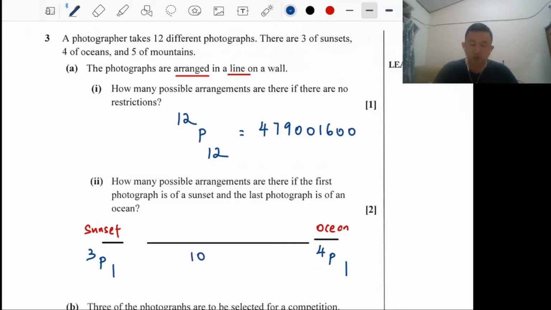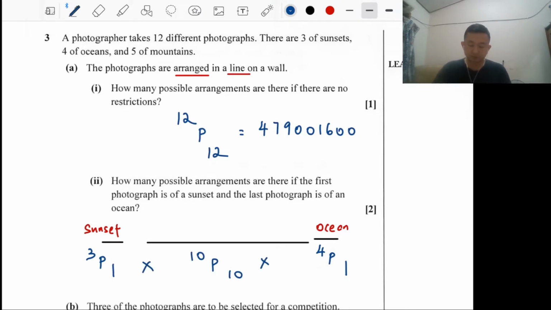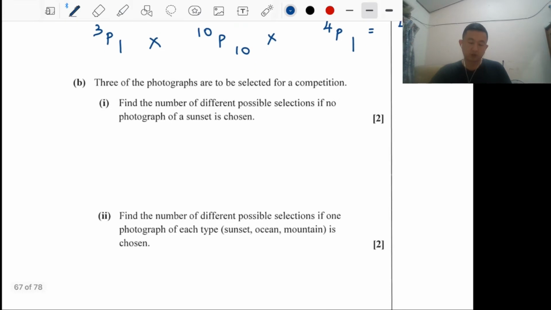Out of these 10, with no restrictions, you're going to pick all 10. So that's 10P10, 10 factorial. Your answer should be 4354560. Okay, now we go on.